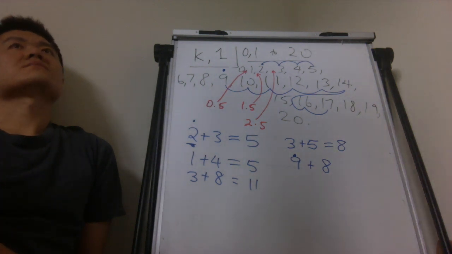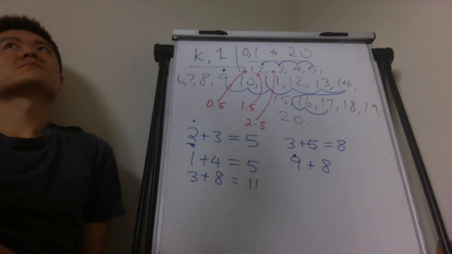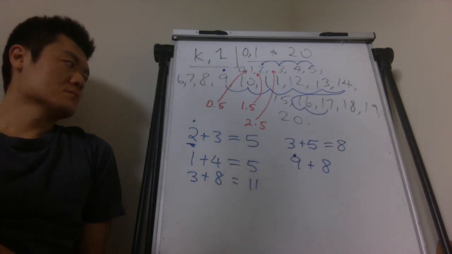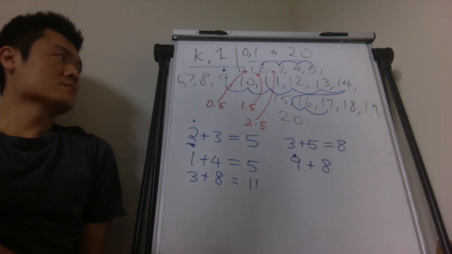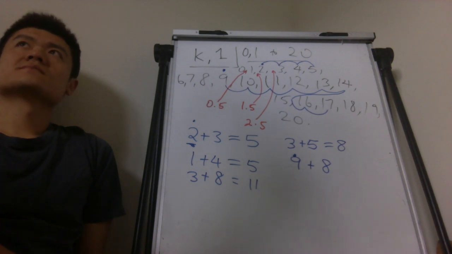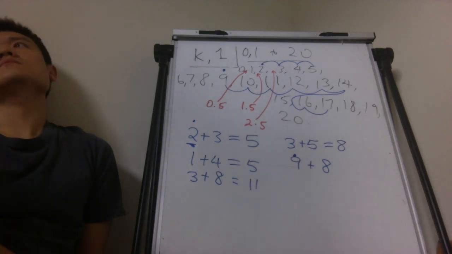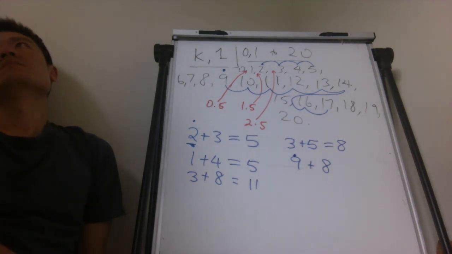But this is a lot of pluses, like 2 plus 3 and 1 plus 4 and 3 plus 8 and also 9 plus 8 and 3 plus 5. That's a lot.